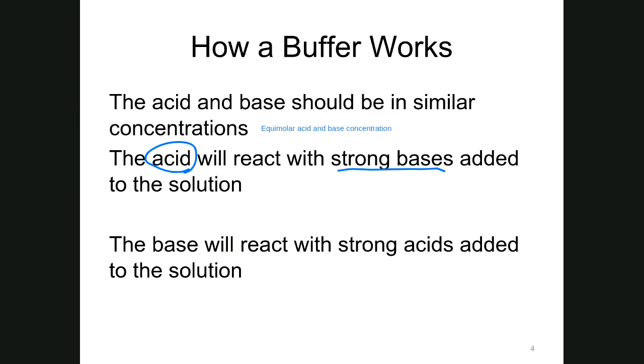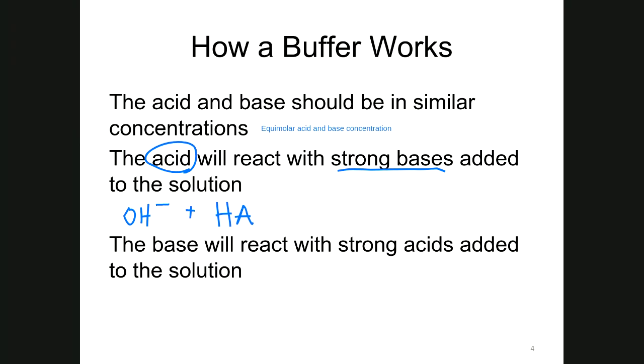We added in a strong base, so we're adding in hydroxide. The hydroxide is going to react with our weak acid from the buffer. So again, the hydroxide is added. The HA is the weak acid that was already present in the buffer.